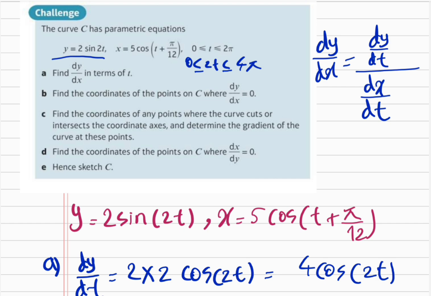In part E we want to sketch C. But obviously, as you can see, we have parametric equations, so sketching this is not something that we can do just by looking at these functions for x and y. The main goal of the question was actually sketching x and y to begin with, but the question simplified that for us by breaking it down into smaller parts.